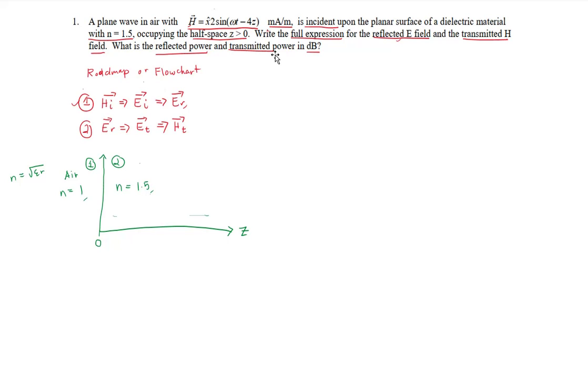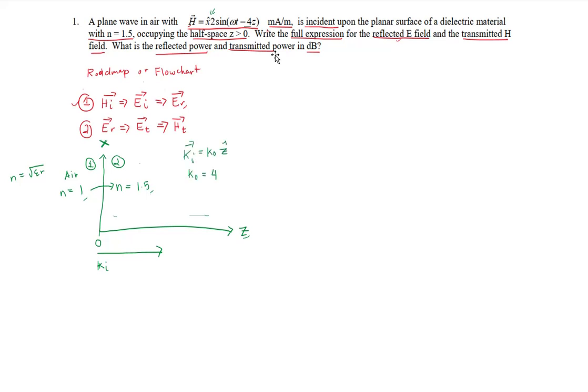We also know that H is right along the x-axis, so we'll designate this as our x-axis. The transition from air into something else is going this way. So we can also say that k, at least k sub I, is moving from left to right along the z direction.